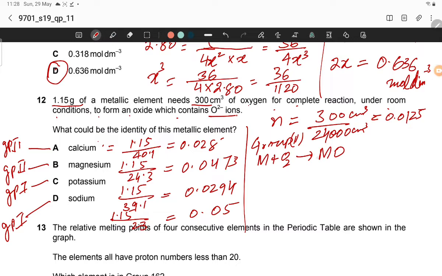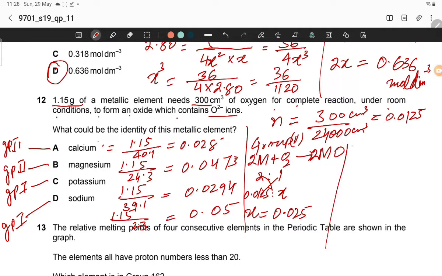So to balance this reaction, 2M plus O2 gives 2MO, ratio 2 to 1, and 0.0125 ratio x. So the mole x is equal to 0.0250.